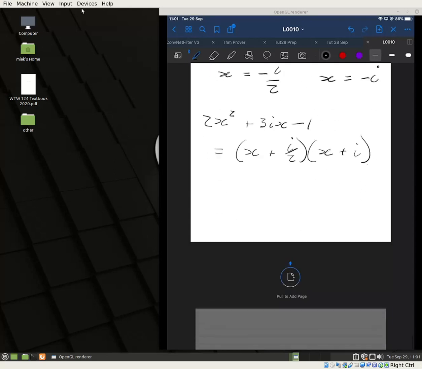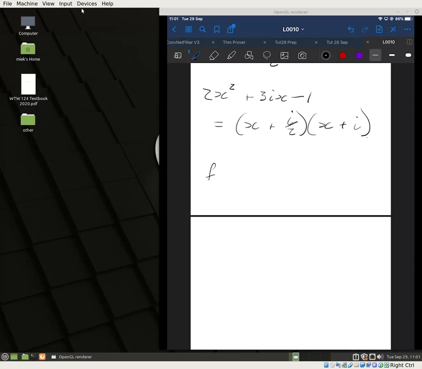Okay, so that means we can factorize f of x as follows. We've got the one root, which was minus I, and we've got this repeated root, minus I again, and x plus I over 2. So minus I over 2 is a root.